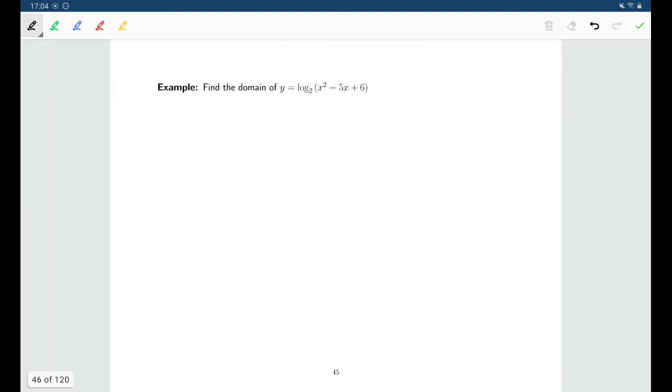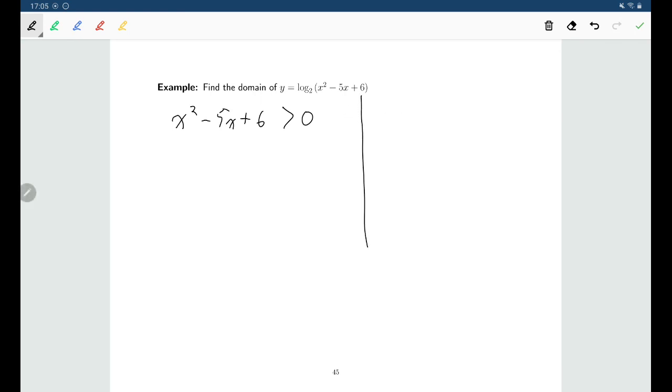All right. One thing that we can do right now is find the domain of this logarithmic function. For this to be defined, we need x squared minus 5x plus 6, the inside of the logarithmic function, to be larger than 0. So when we're finding the domain of a log, it comes down to solving an inequality. In this case, where is x squared minus 5x plus 6 greater than 0?